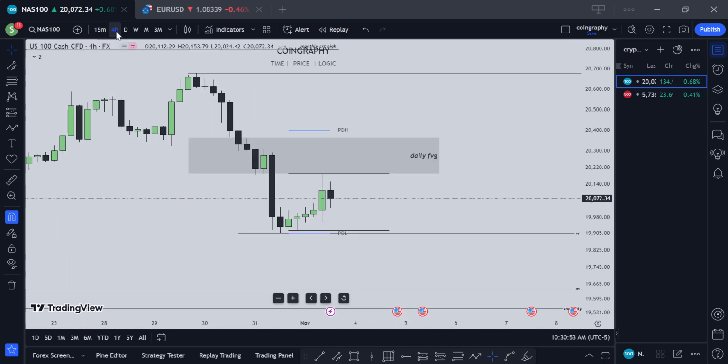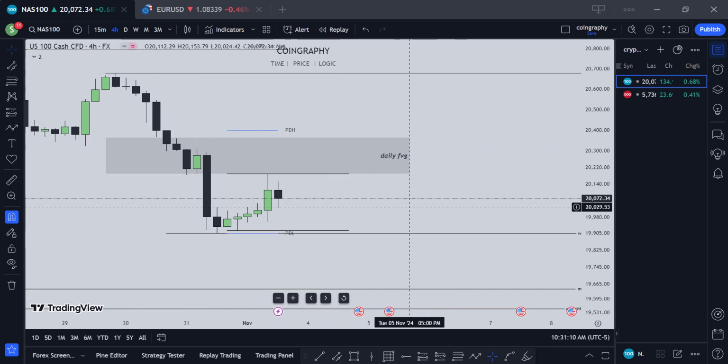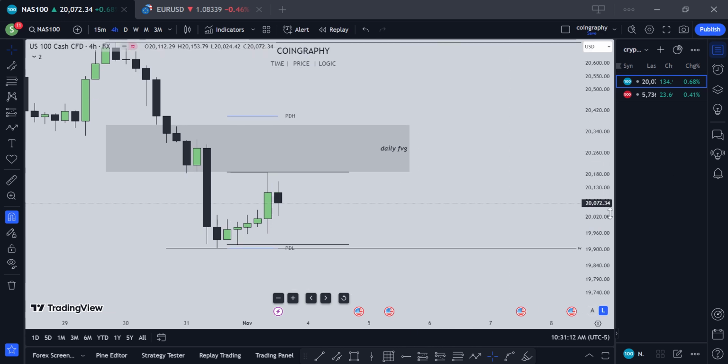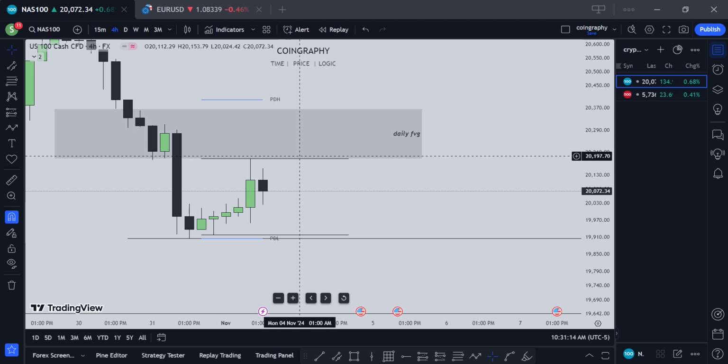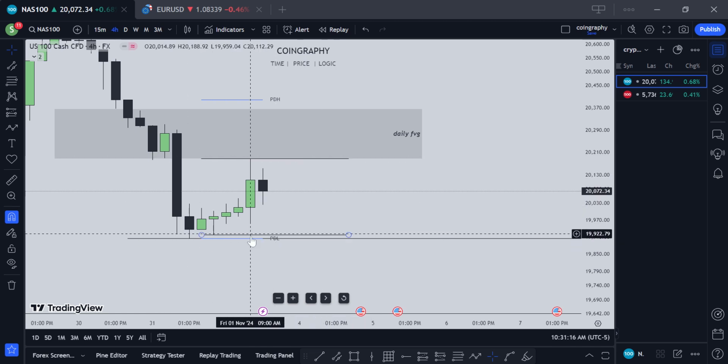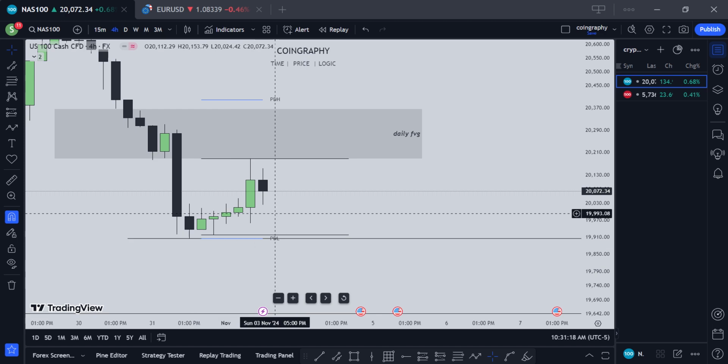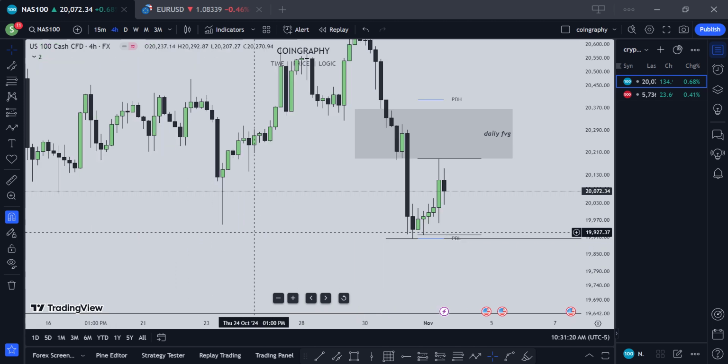And if you also go to the 4 hours time frame, we are seeing a bullish move to the upside because we are rejecting lows and breaking highs.